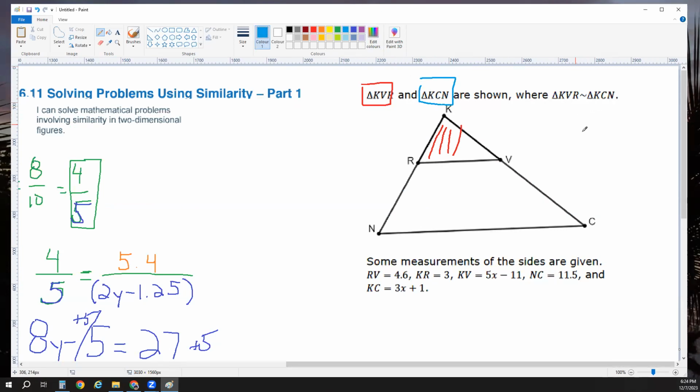And they are similar. It says so right here. And then we got RV. This guy is 4.6. Should be red though, because it's part of the little guy. KR is also part of the little guy. It's 3.